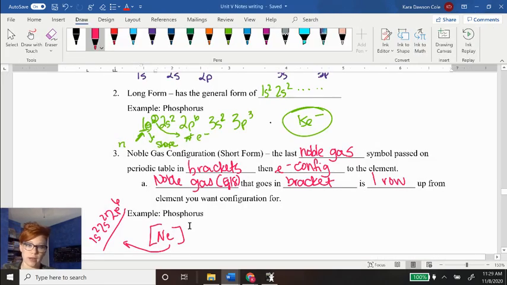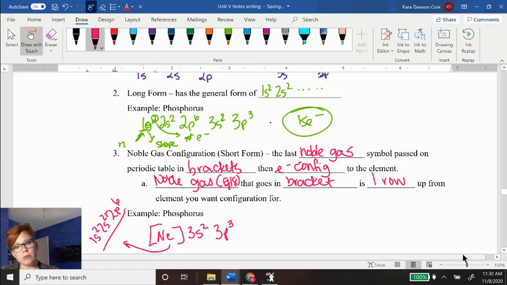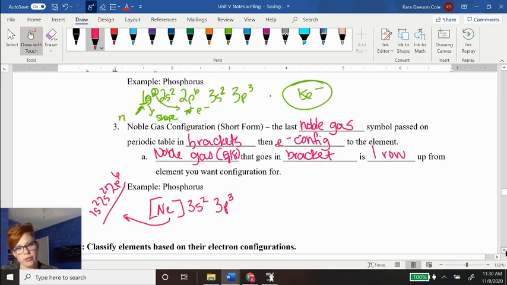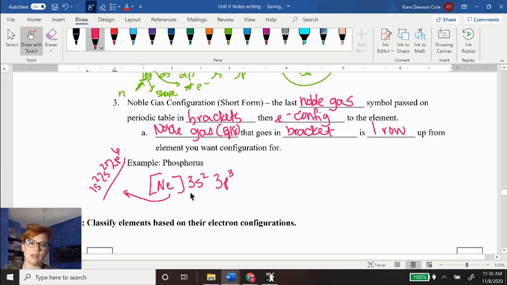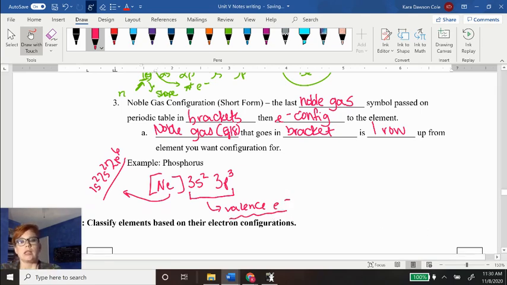So we can write 3s2, 3p3. Something really neat about this particular configuration is that it's giving me the valence electrons. Anything after the neon would be considered valence electrons.